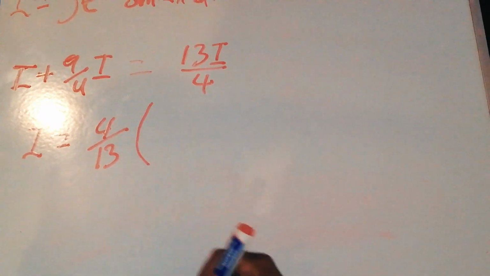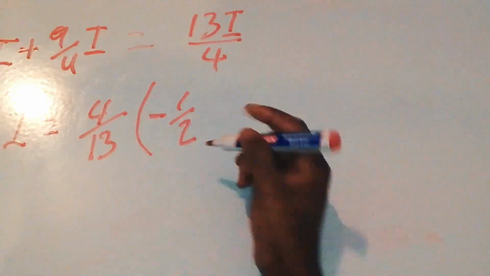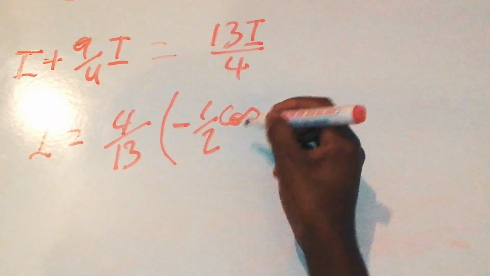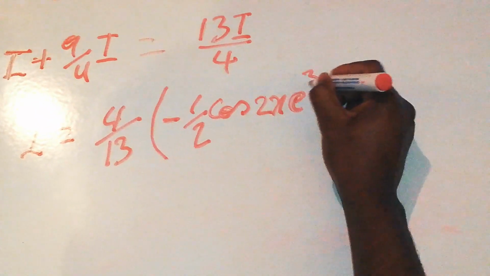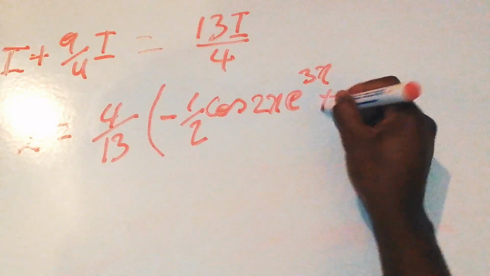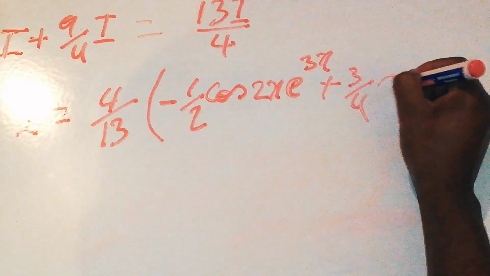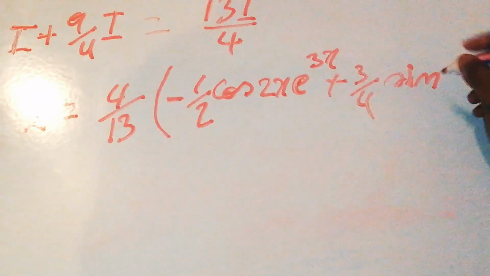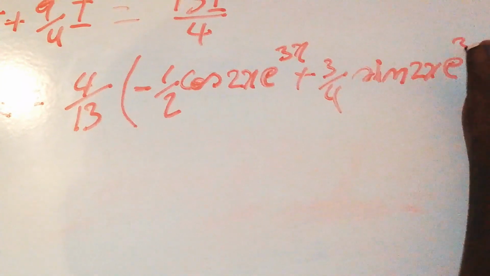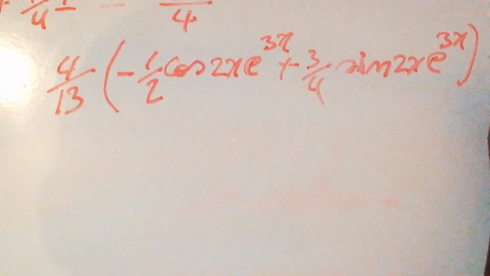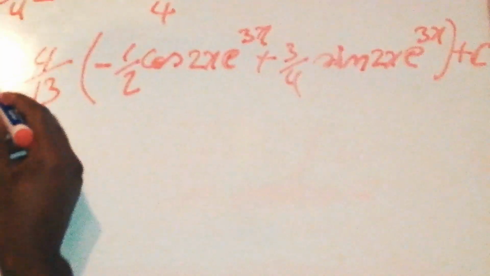I open the bracket, minus 1 over 2 cos of 2x times e exponent 3x plus 3/4 sine of 2x times e exponent 3x. I close the bracket, I say plus a constant c, right?